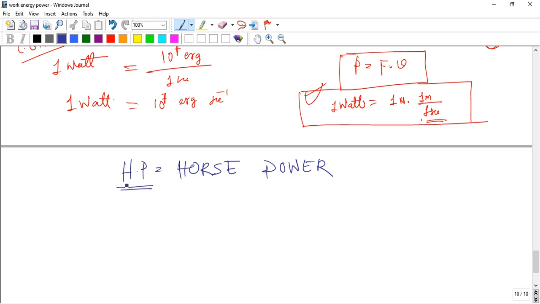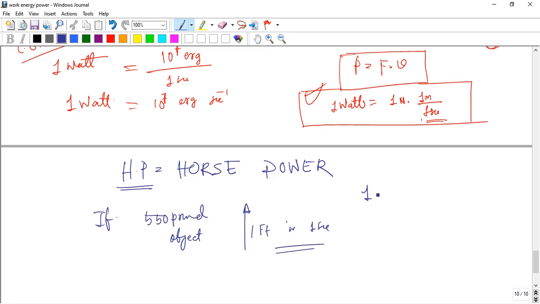What is horsepower? If a 550-pound object in FPS is moved up by 1 foot in 1 second, we get a horsepower.